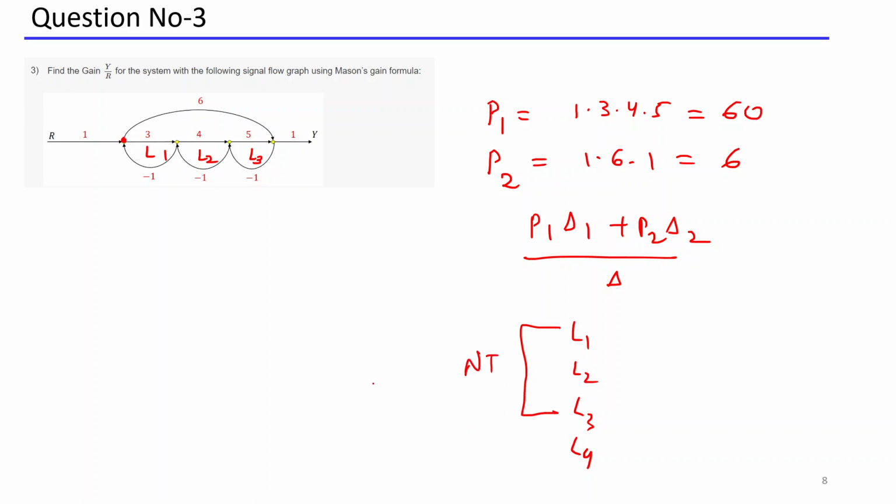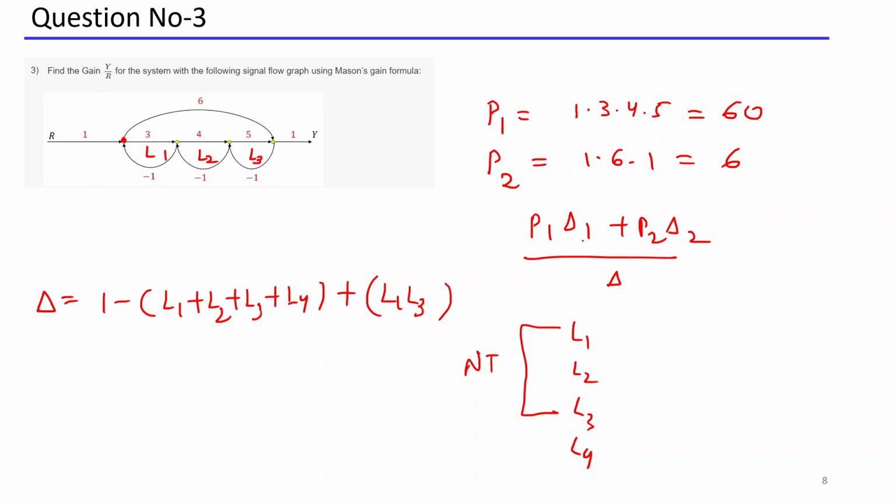So you can write down directly: 1 minus (L1 plus L2 plus L3 plus L4), then plus how many non-touching loops are there? Only one combination, that is L1, L3. Okay, so once you got delta, now you find out what is delta 1.